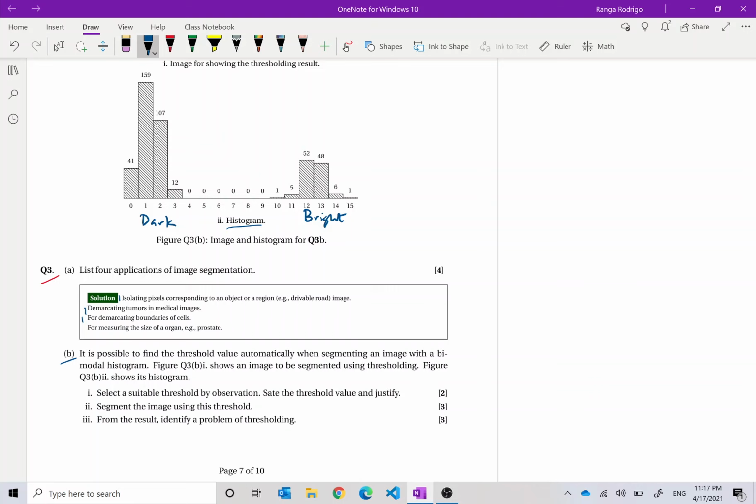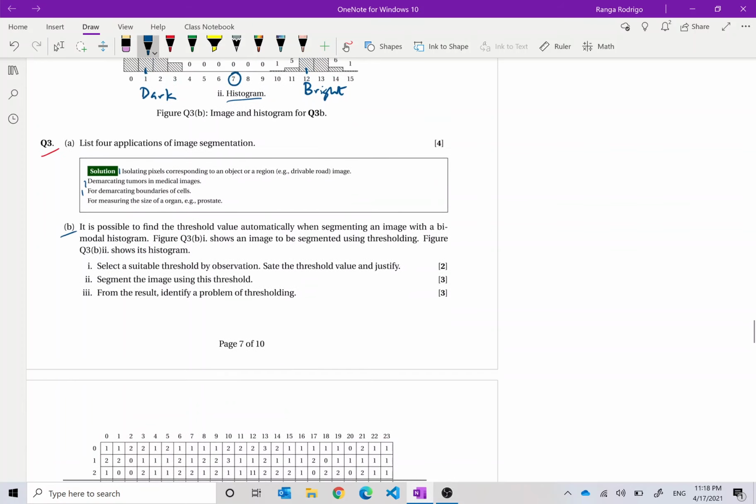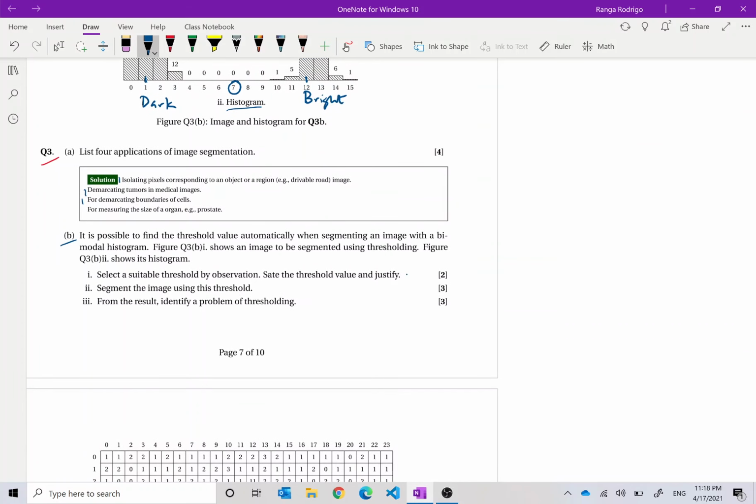So you can take the middle of the bright region, maybe like 12, and the middle of the dark region, maybe like 1, and you can pick the value in the middle. 1 plus 12 divided by 2, that's 6.5. So approximately take 7 as a threshold. So this is 7.